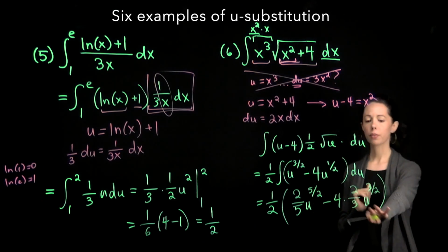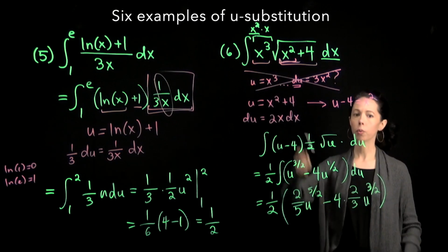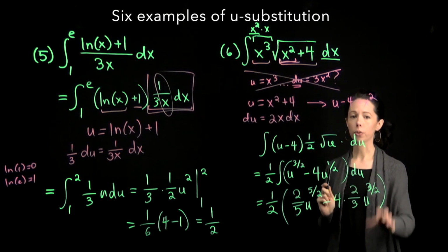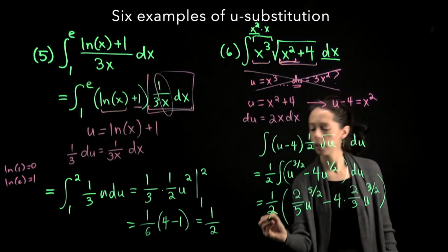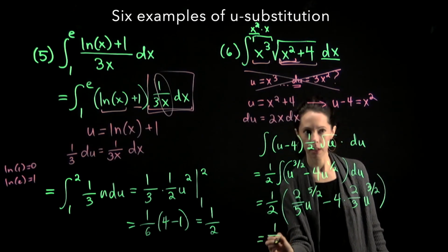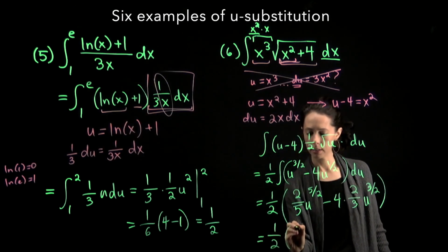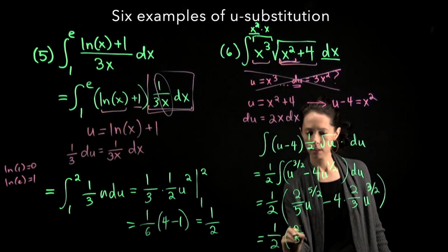That's the antiderivative with respect to u, but our integral was with respect to x. So we need to convert from u back to x now using the relationship that we already have between them. So we have 1/2 times 2/5.